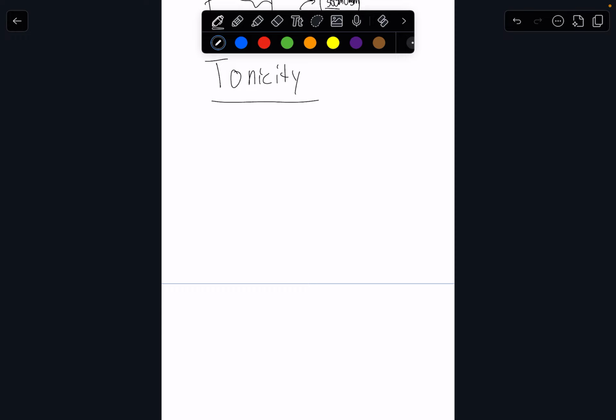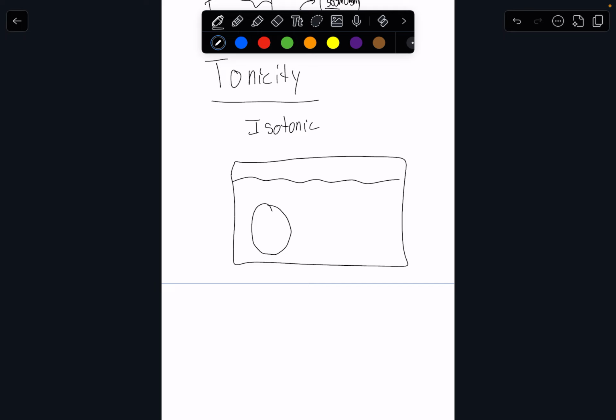We can have isotonic. We're going to have a little bit bigger of a container, like that. So we have our cell, that's 300 milliosmoles. In this isotonic solution, it has the same concentration of non-permeable solutes as the cell.